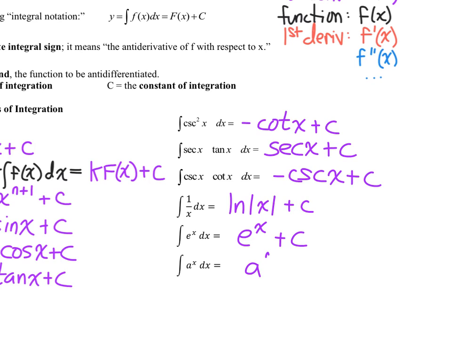And a to the x? Well, it's going to involve an a to the x over, what's it over? Not x plus 1. It feels a lot like the power rule, but it's still exponential. We want to do the exact opposite of what we would do with a derivative.